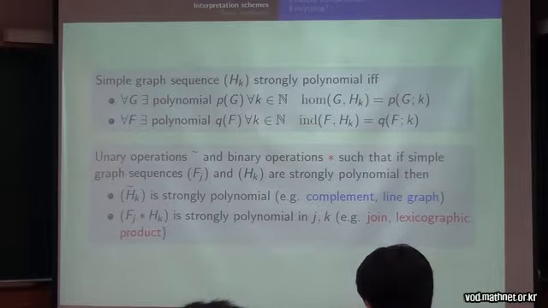If you're familiar with tree depth and how you can encode a graph as a subgraph of the closure of a rooted tree, there's an operation on trees which is very natural: you have a subtree and you create k isomorphic copies of it. And this operation is producing lots of polynomial sequences. That was more or less the content of the paper I've referred to with Delia and Jarek.